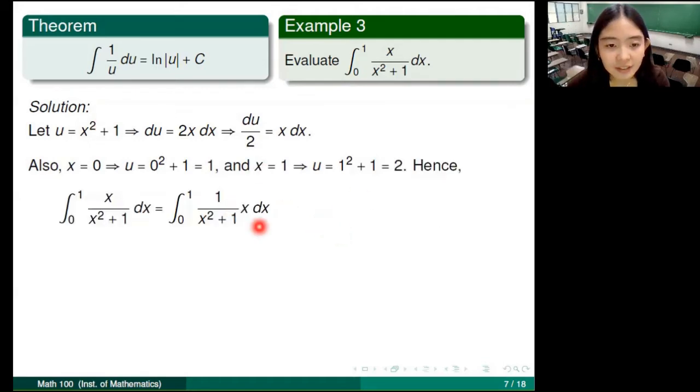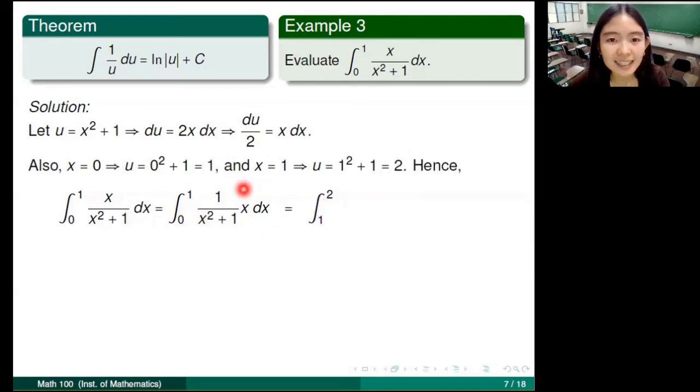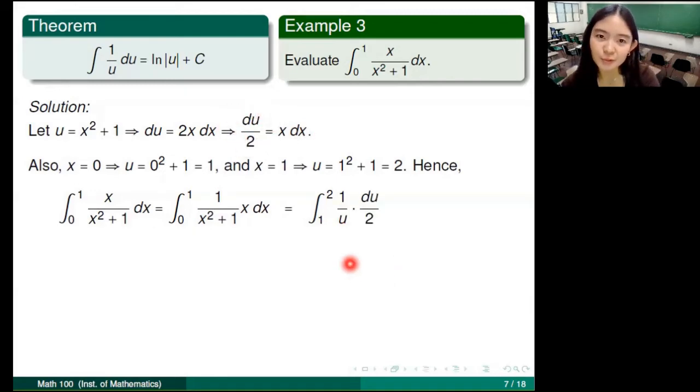Alright, so rewriting everything in terms of u, ang bounds natin for integration this time ay magiging 1 to 2, and then our integrand naman will become 1 over ang x squared plus 1 natin ay u, so that is 1 over u, times ang x dx natin ay equal sa du over 2. So that's du over 2.